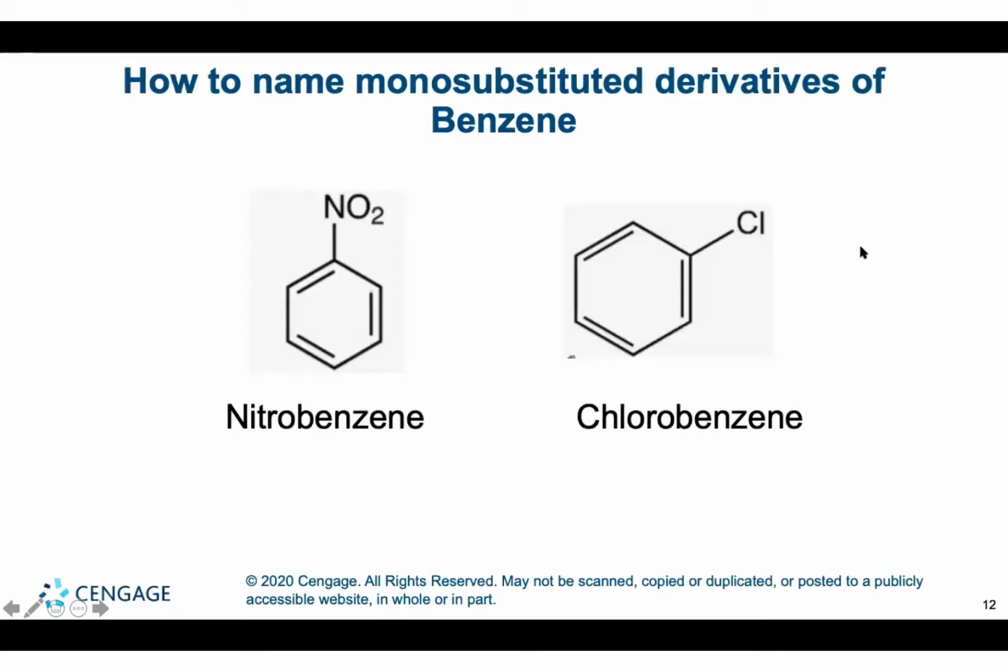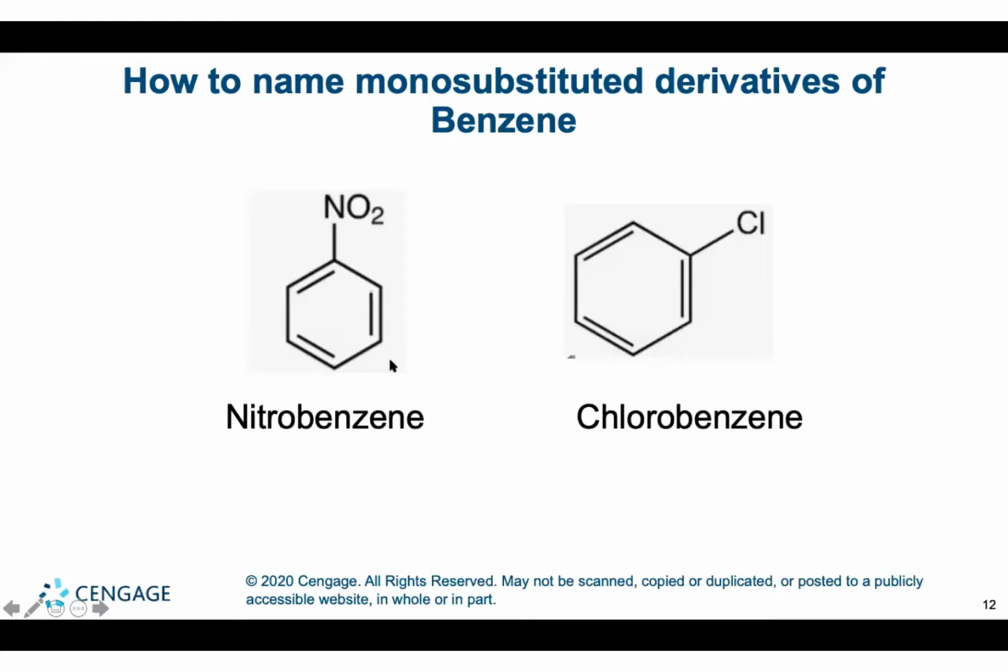Okay, guys, let's see how to name the benzene rings that have a branch on them. This is kind of the same as we talked about. It's just how you treat a branch on a regular chain of carbon. You first put the branch name and then put the root name of the compound.